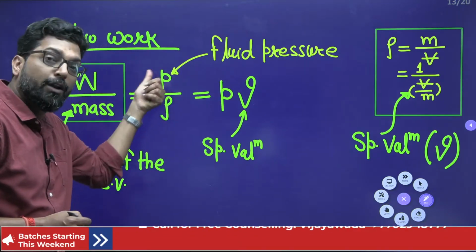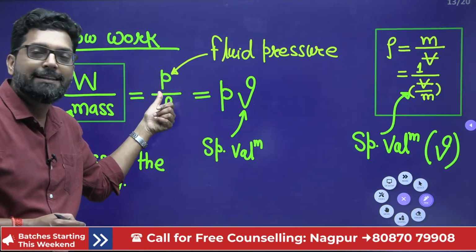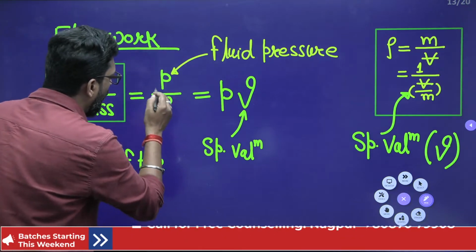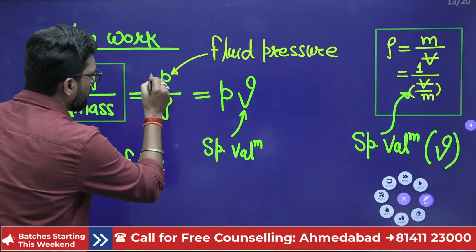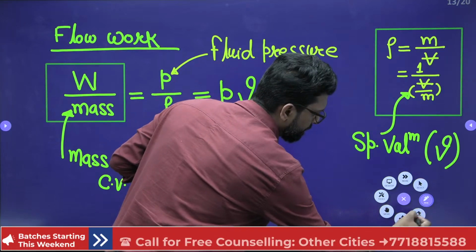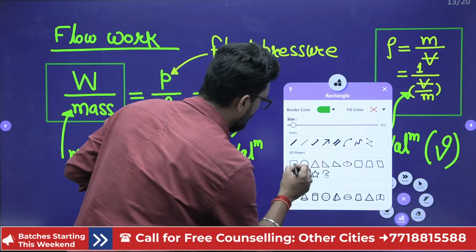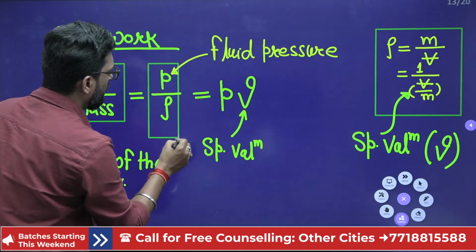P by rho is used frequently in fluid mechanics, and that is also called, beta, this one.